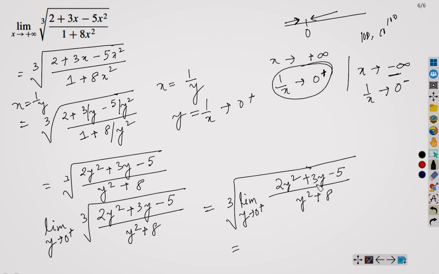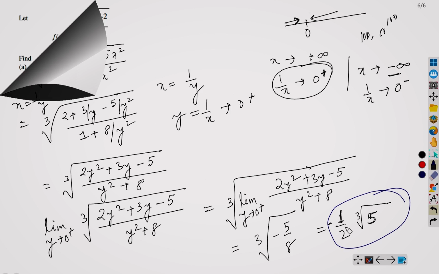What we will do, we will just substitute 0 in the place of y, and we obtain this as cube root of minus 5 by 8. This is half cube root of, or we can put minus outside of this, because cube root of minus 5 is minus of cube root 5. So the limiting value is this one, minus of half cube root of 5.